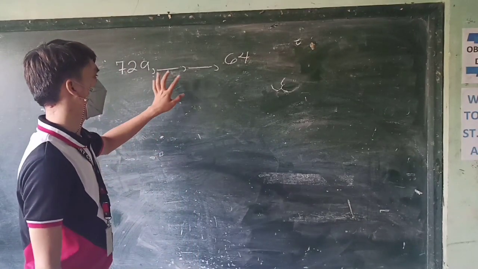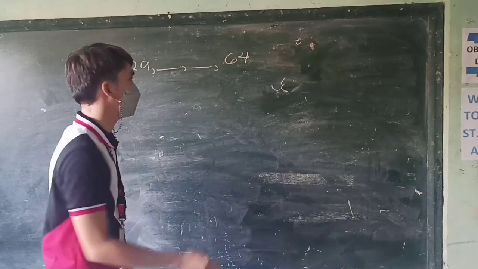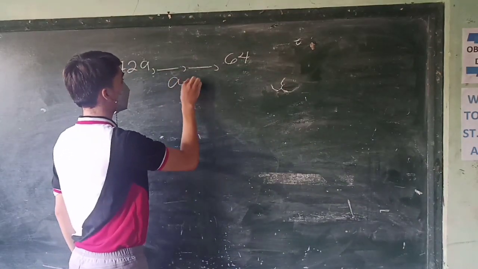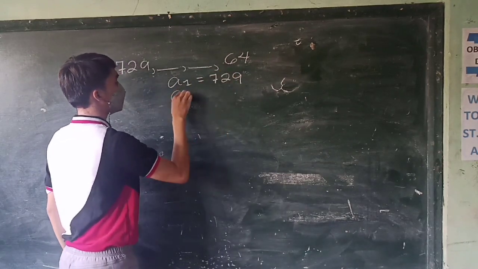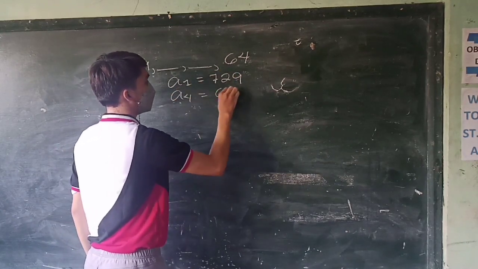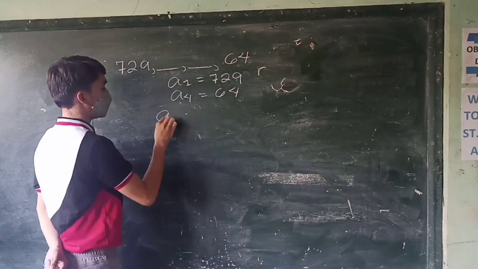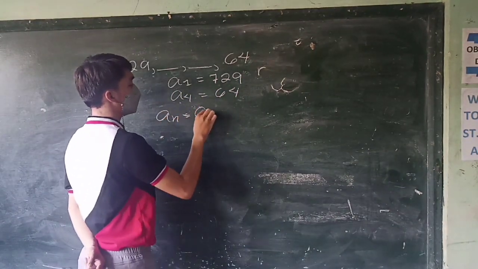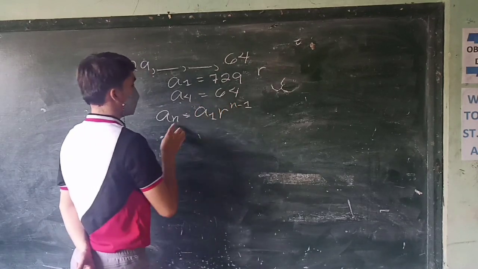Another example. We are going to insert two geometric means between 729 and 64. So the first term is equal to 729 and the fourth term is equal to 64. Now let's look for r. The formula: a sub n equals a sub 1 times r raised to the power of n minus 1.